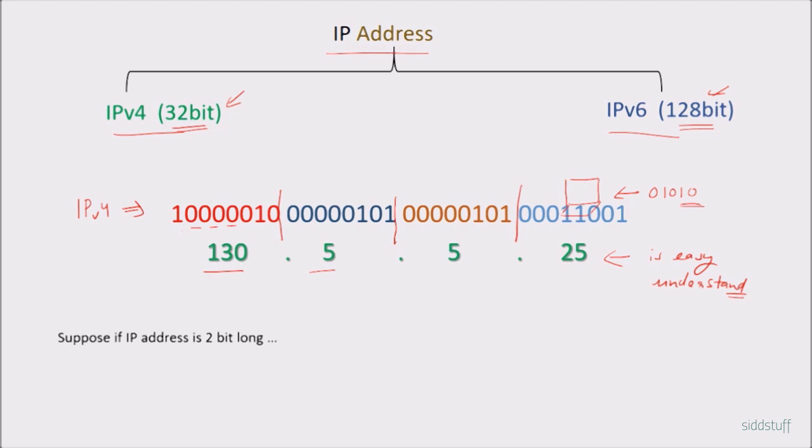Now let's talk about the range of IP addresses. Suppose we have an IP address which is only 2 bits long. The total number of different combinations we can get from 2 bits is 4.